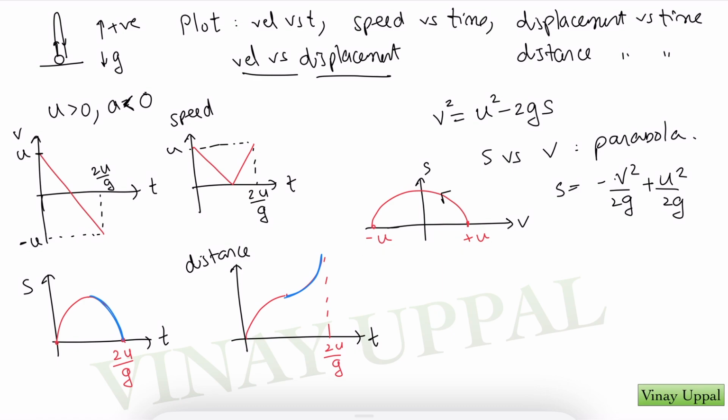So this arrow will denote the sense of time. Now what do I want to actually plot? I want to plot velocity versus displacement. So we'll just simply rotate the graph. You should be able to see that it will be a parabola in this manner, positive u, negative u, and the time would go from positive u to negative u. So that will be my velocity versus displacement graph.